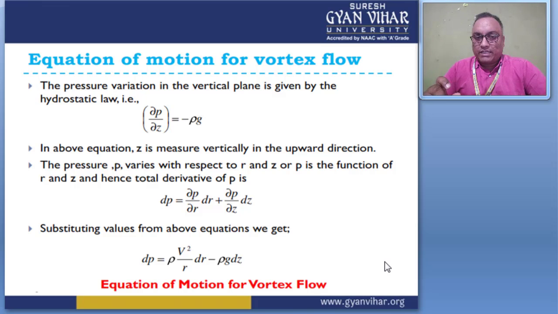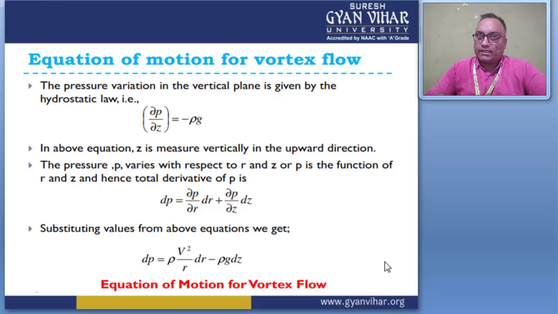It gives that the pressure gradient value increases if the radius of this vortex fluid increases. If the radius is less, then this pressure gradient is less. If the radius is more, the pressure gradient is more. And the pressure gradient in the radial direction, del P by del R, is a positive quantity. Hence pressure increases as the radius R increases.